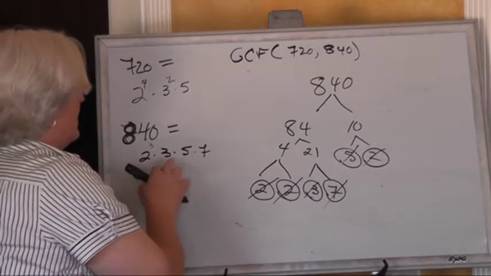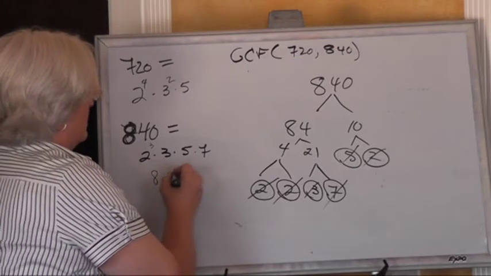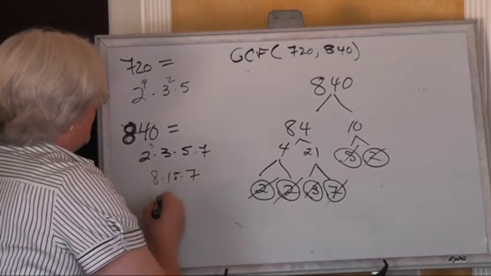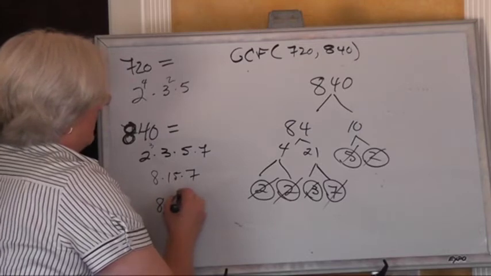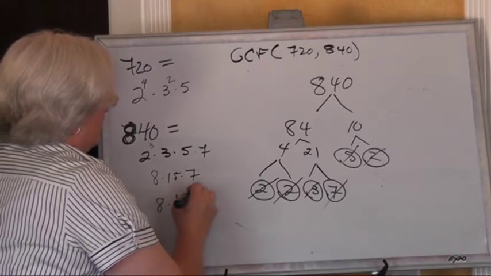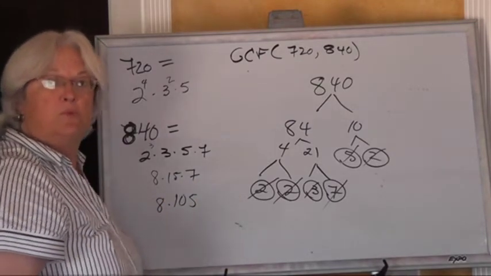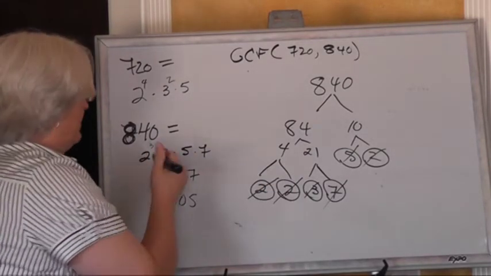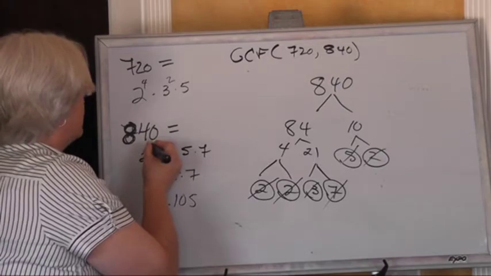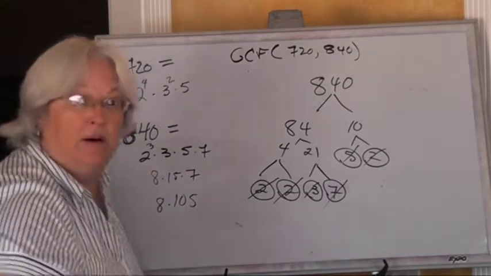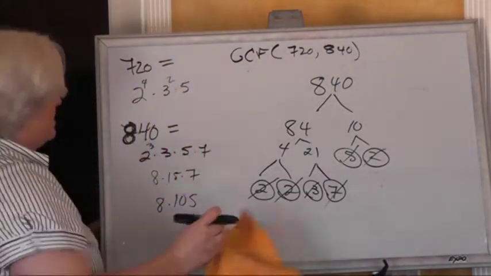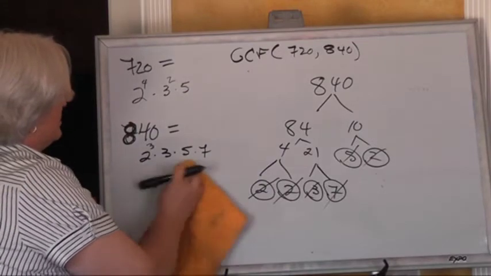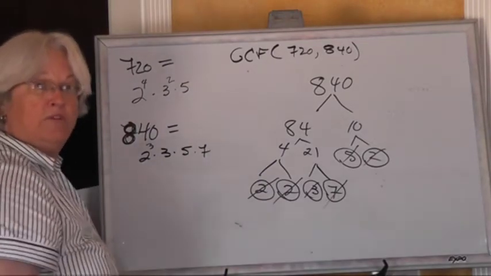So here I have 8 times 15 times 7, 8 times 105. 8 times 105 is 840. So I've done the multiplication correctly. I've done the factorization correctly. Now, what I've done is I have the prime factorization of both of these numbers.